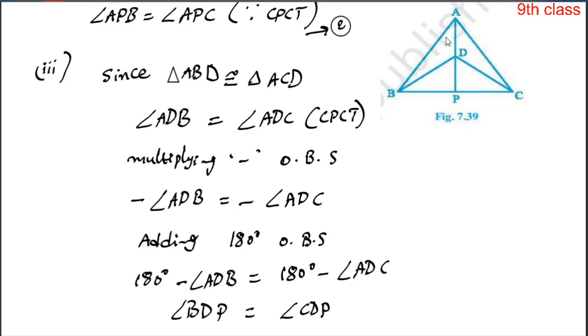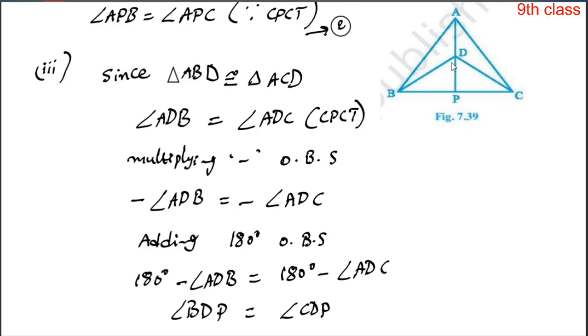Next, angle ADC and angle CDP are a linear pair of angles whose sum is 180 degrees.